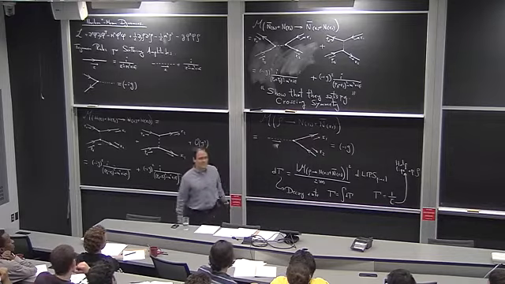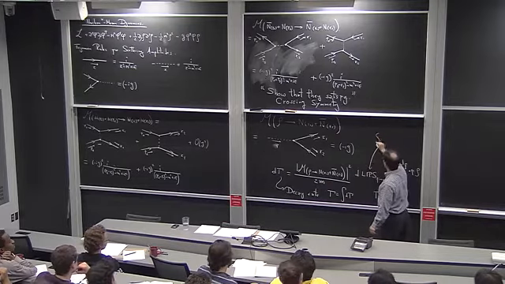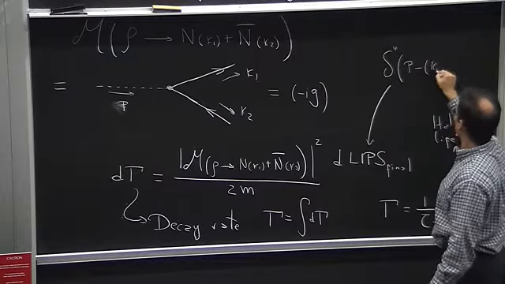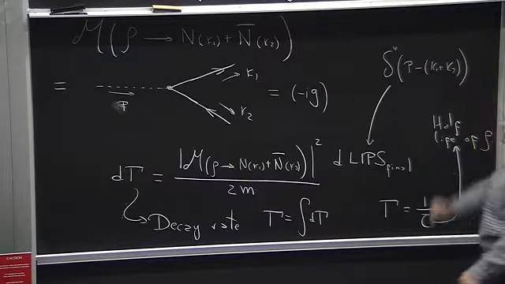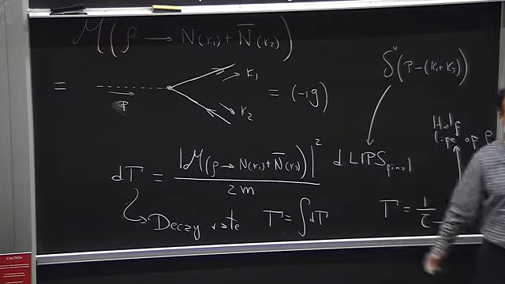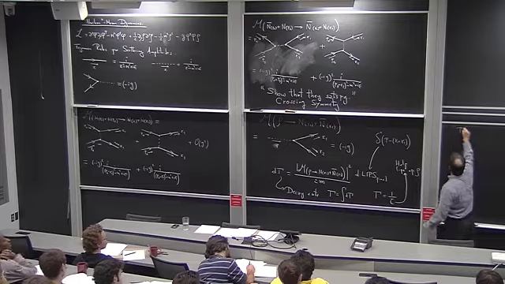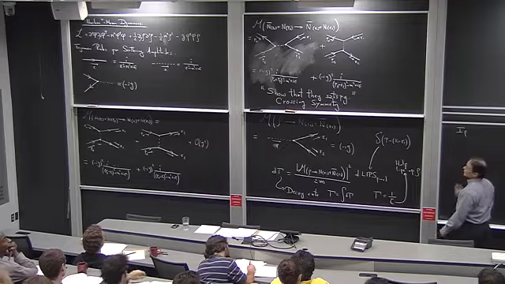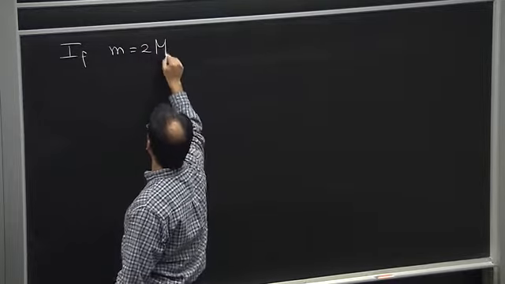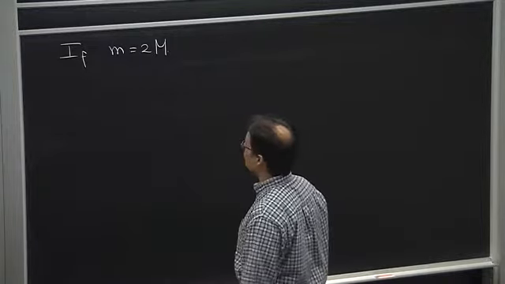The delta function, excellent. Yep. Remember that inside here, there is a delta function that tells us that P minus K1 minus K2 has to be 0, right? Otherwise, none of this makes any sense. Okay? Now, say that the mass of the meson is equal to 2 times the mass of the nucleons, what do we find?